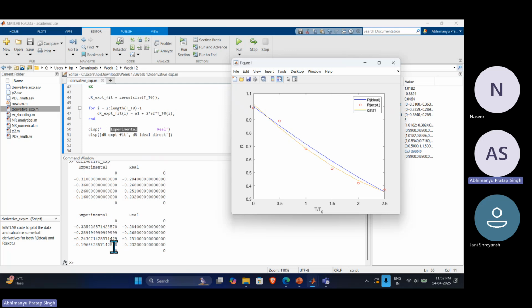But for all the other points, we see that the error has decreased, because this point is much closer to the blue line as compared to the red point from the blue line. Similarly, this point is much closer to the blue line compared to this red point, right? And this last point is approximately on the same point as the blue line, right? So for the second, third, and fourth point, we see that the error has decreased compared to the experimental data, right?